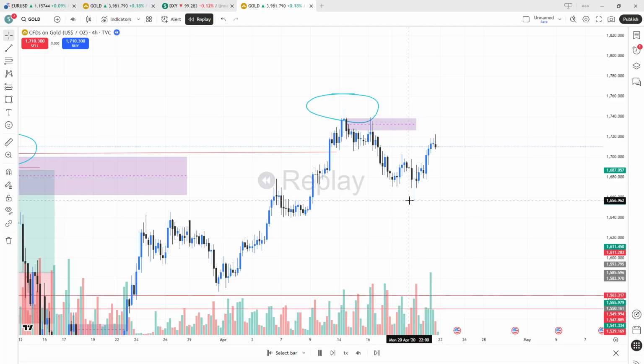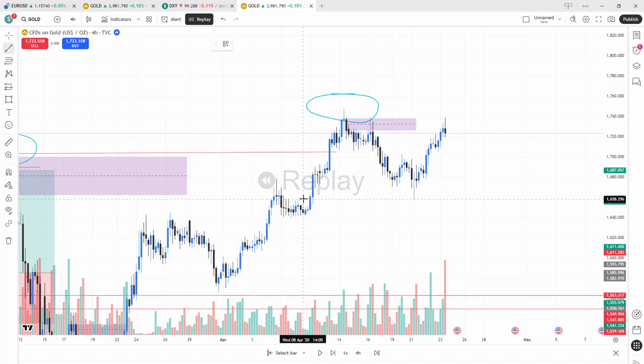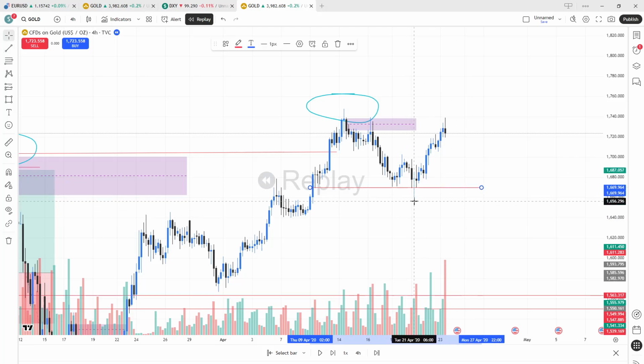Internal sweep. Oh, hold on, hold on. I want to see this. Why is this not taken out? So this low created this high, right? This sweep right here. This low, this low. Why is that significant?